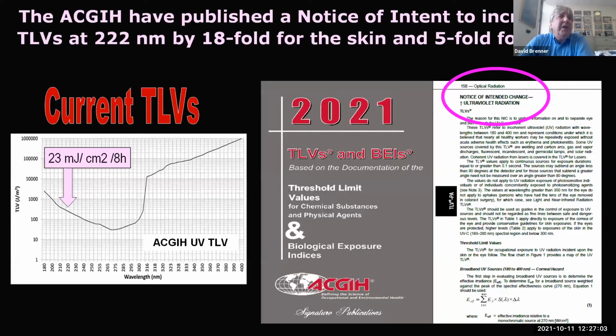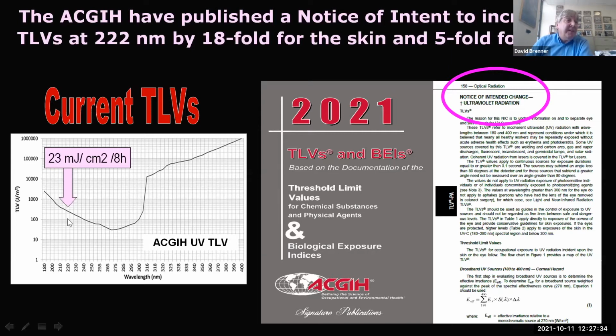So turning to the regulatory framework. The regulatory framework that exists right now is the picture that you see on the left here. They're phrased in terms of TLVs, threshold limit values, which are the recommended maximum amount of UV light that people can be exposed to per 8 hours or per 24 hours or whatever.